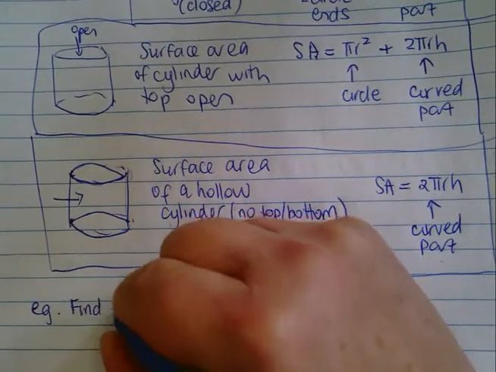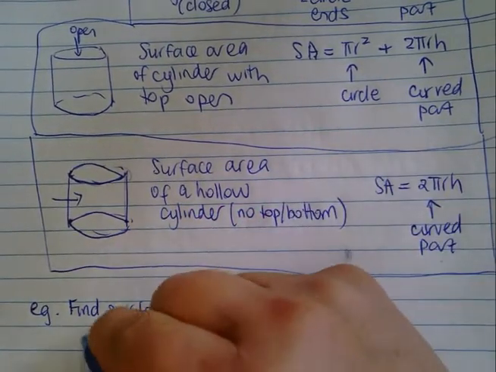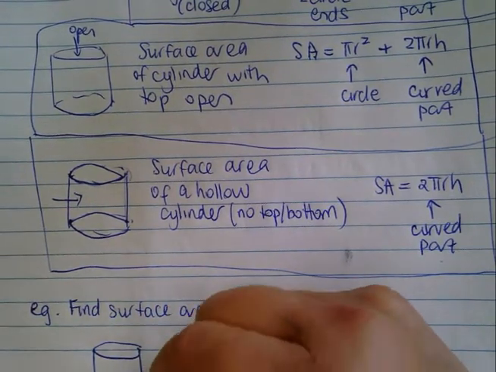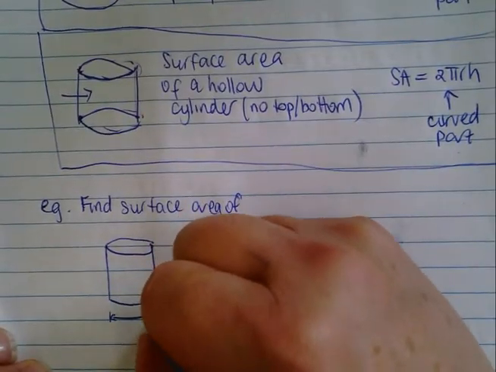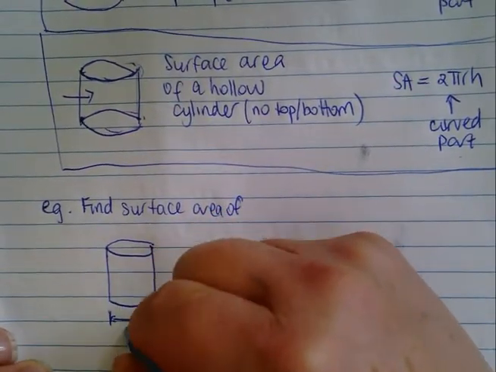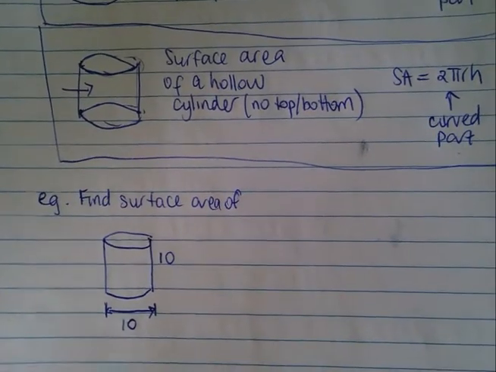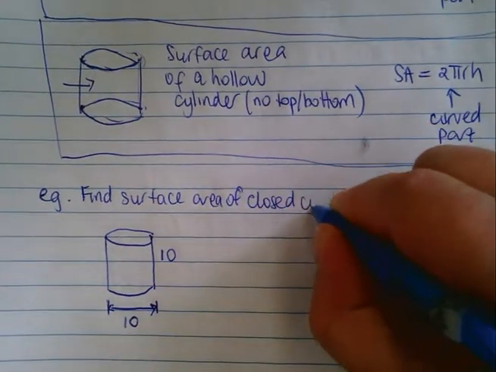Cool. Find the surface area of this closed cylinder. I'm going to give you the diameter this time. The diameter is 10, and I'm going to say that the height is also 10.